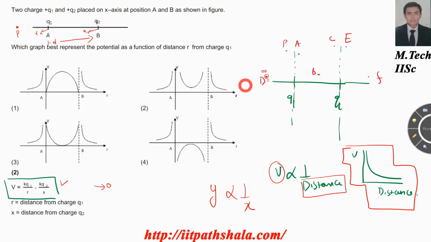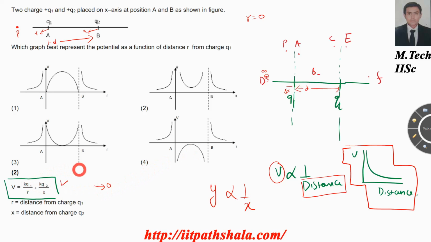Now you can take a point very near to this q1. If you are very near to q1, your r will be equivalent to, or near about, 0, and your x will have a certain value. Let us say it is equivalent to d plus some delta x.